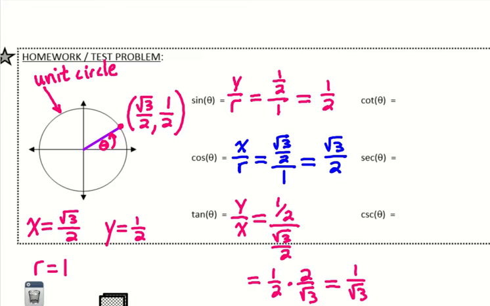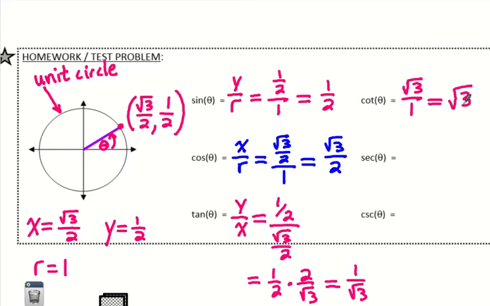That doesn't just mean I can remember the definition. If I know that the tangent is 1 over root 3, what do you think the cotangent's going to be? The final answer of cotangent is going to be the reciprocal of this: root 3 over 1, which of course is just root 3.